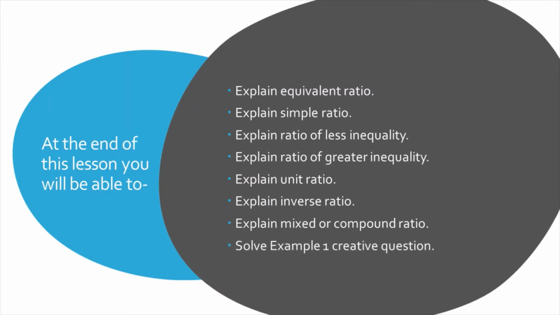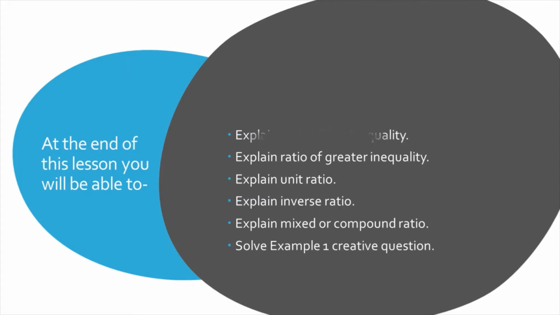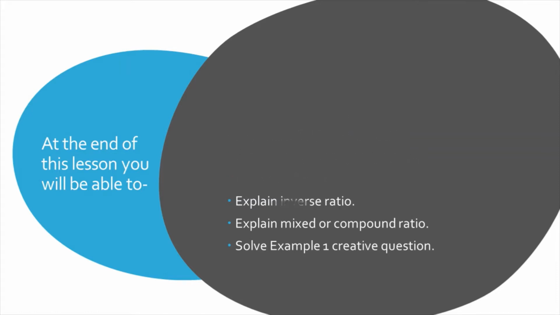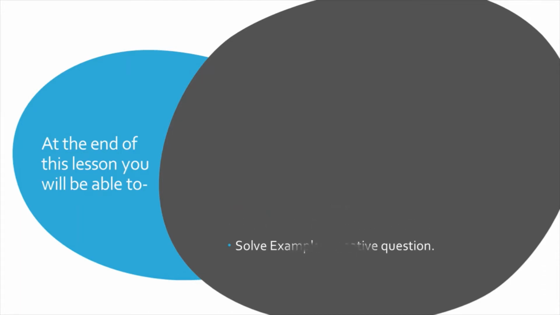So let's see again. Explain ratio, explain equivalent ratio, we will know simple ratio and unit ratio, inverse ratio, mixed or compound ratio, and at last we will solve example 1 creative question.